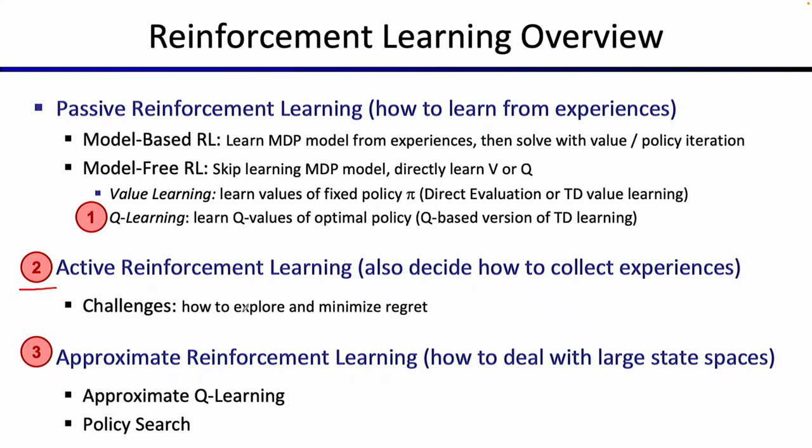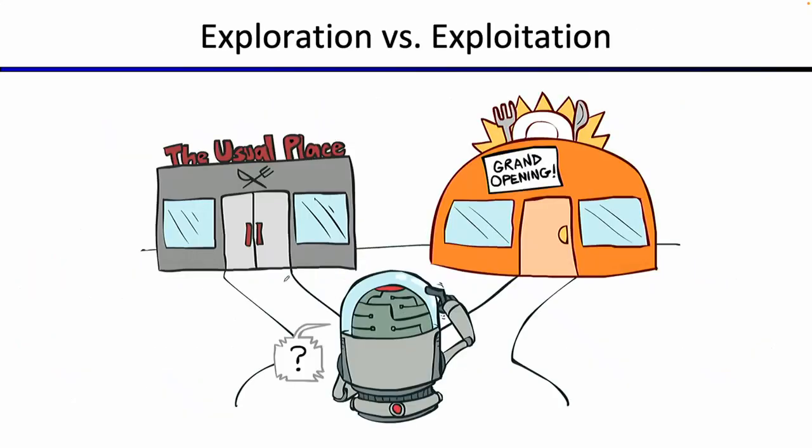So let's look at active reinforcement learning, and in particular this issue of exploration. As we've mentioned, we need to actually visit states with high rewards to learn that they're good. So we need to act to find some promising situations.